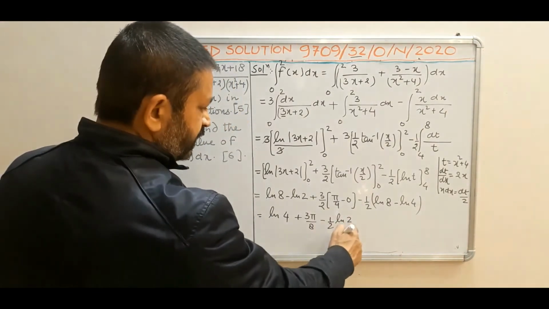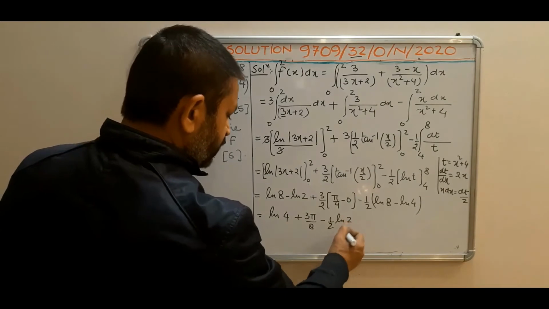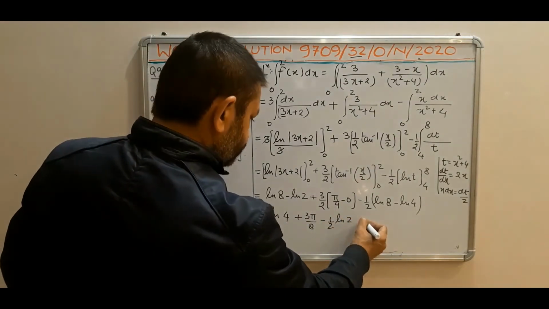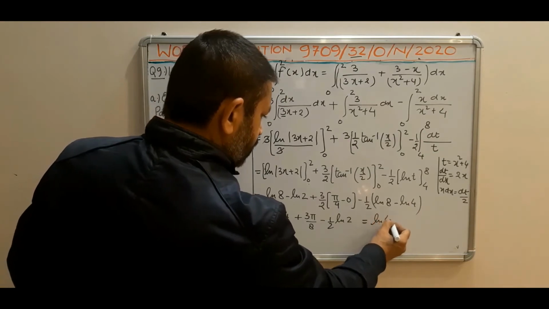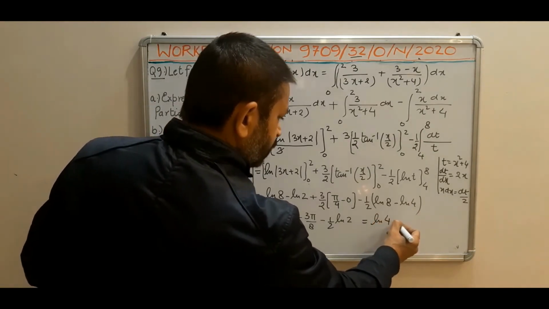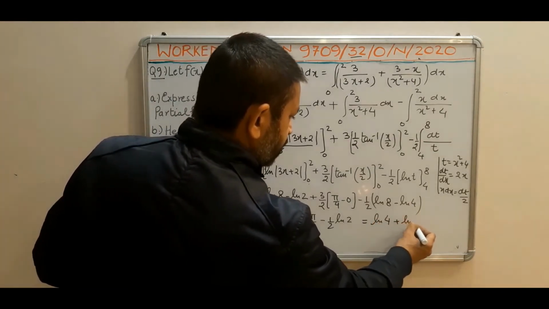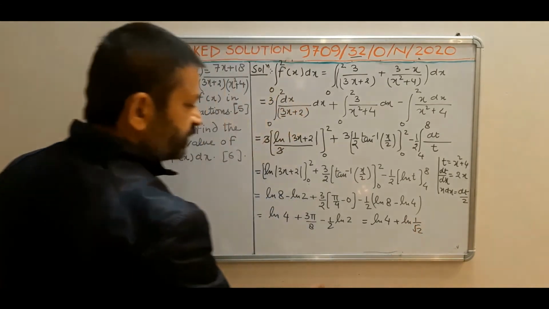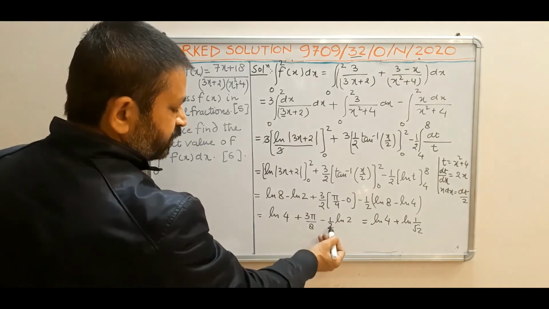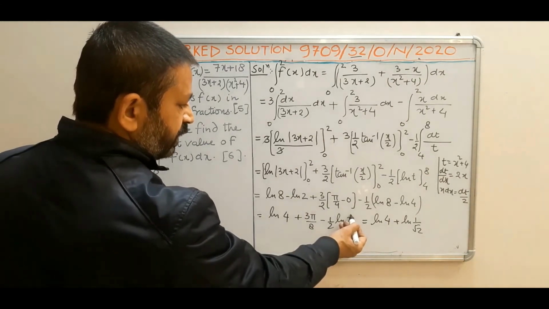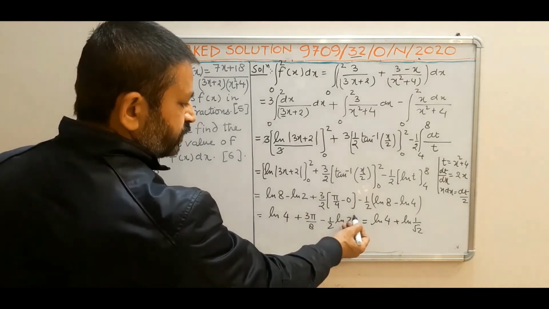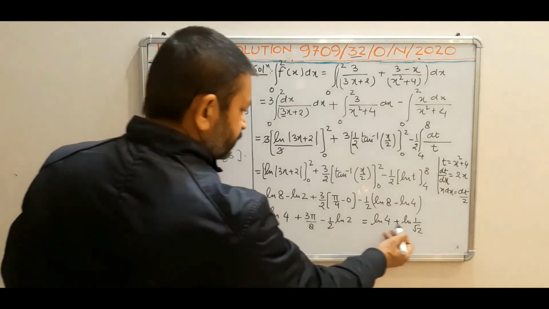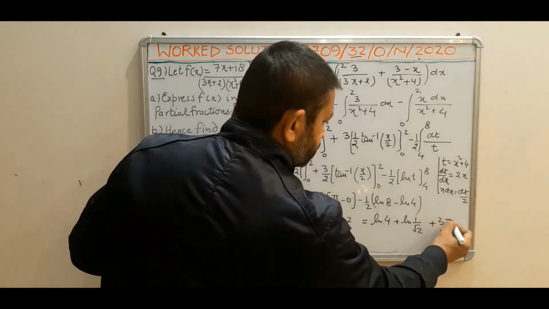So we can write it as, in the power, it will become minus 1 upon root 2, or ln 4 plus ln 1 upon root 2. This you can check. When we shift this power minus half here, it will become 2 raised to minus 1 by 2, which is 1 upon root 2. So this sign will become plus. So this plus 3 pi upon 8.